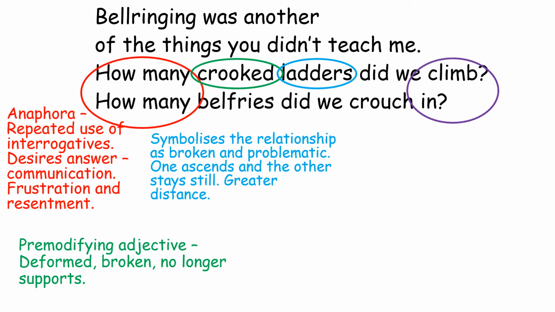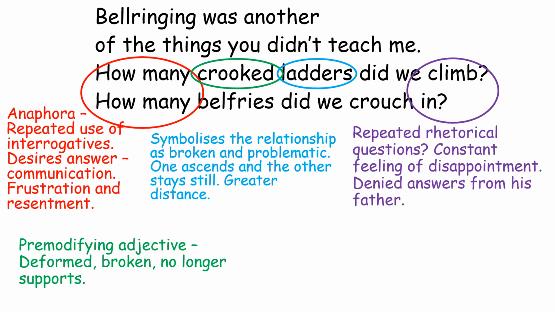The end of these sentences also end in a similar way. Both of these lines are rhetorical questions. Those repeated rhetorical questions could show a constant feeling of crushing disappointment. He never gets an answer to these questions.